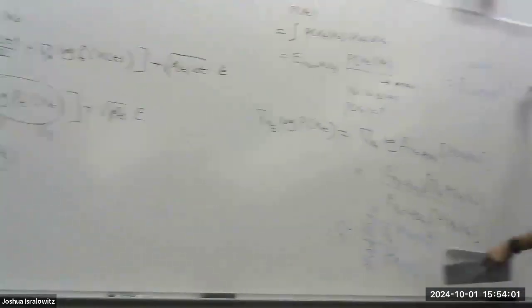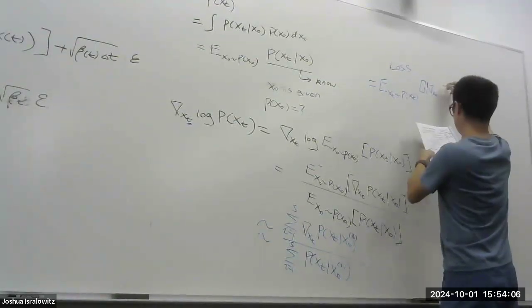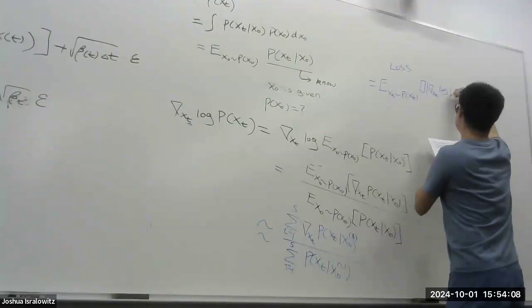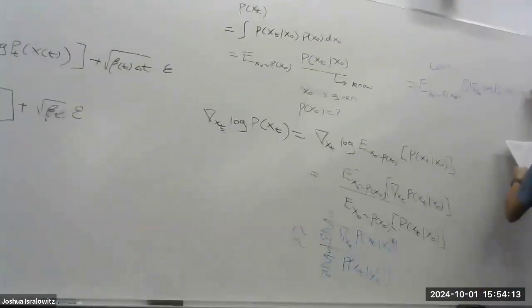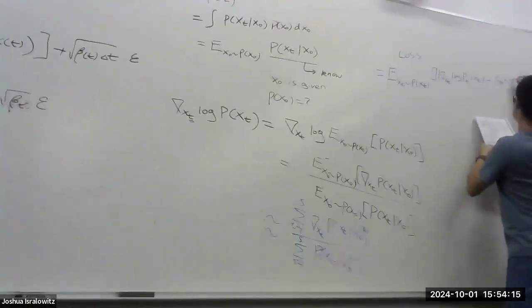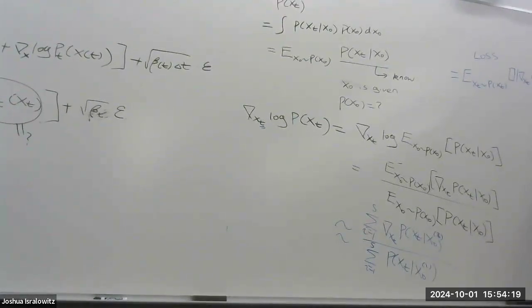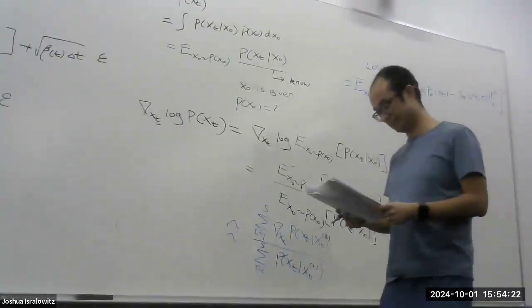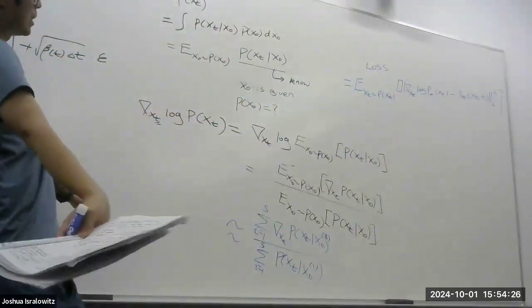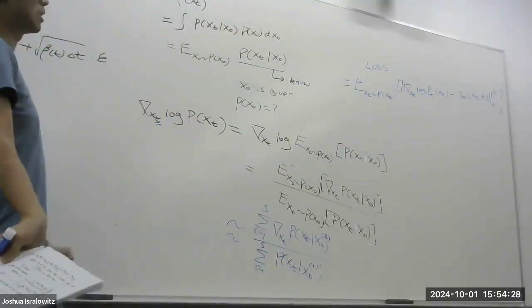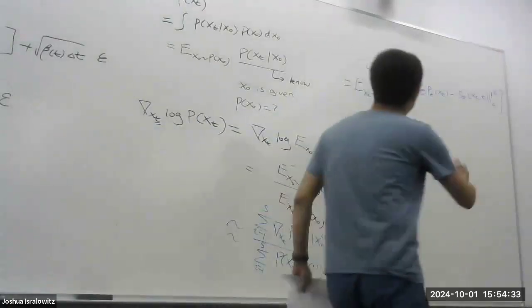You use this estimator, calculate the logarithm of this whole thing, and subtract s theta of xt. And you train this. It's very, very reasonable. You expect it to work. Unfortunately, it won't work.